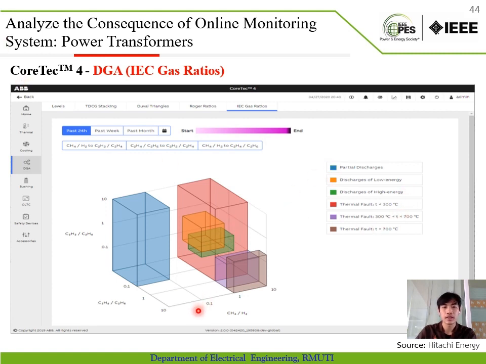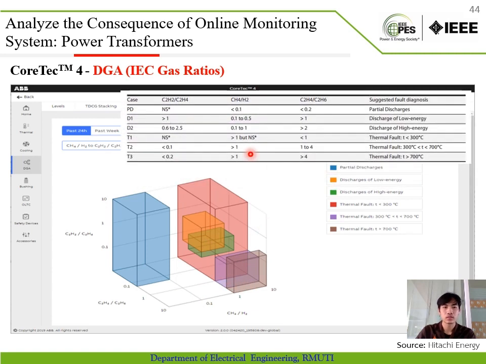And the data information we can transfer by checking the ratio table of IEC gas ratios. So for analysis of the internal fault of power transformer, the reason why we do it by many methods such as the Duval triangle, ratios, IEC gas ratio is to make reliability and efficiency for analysis of the internal fault.